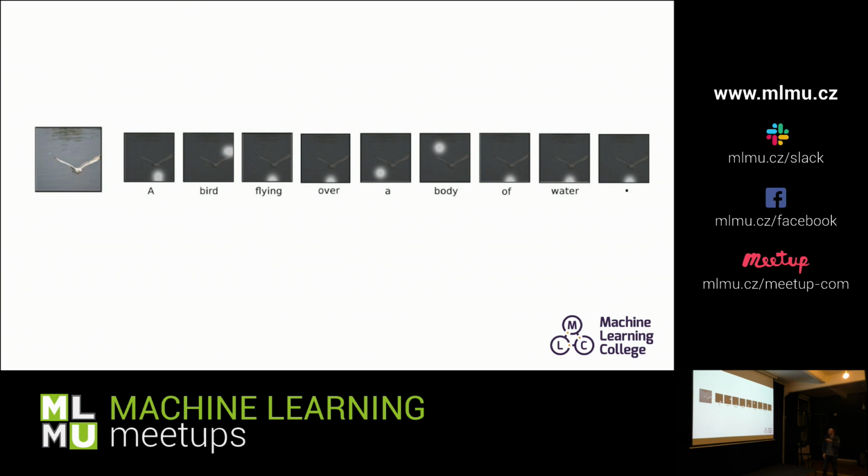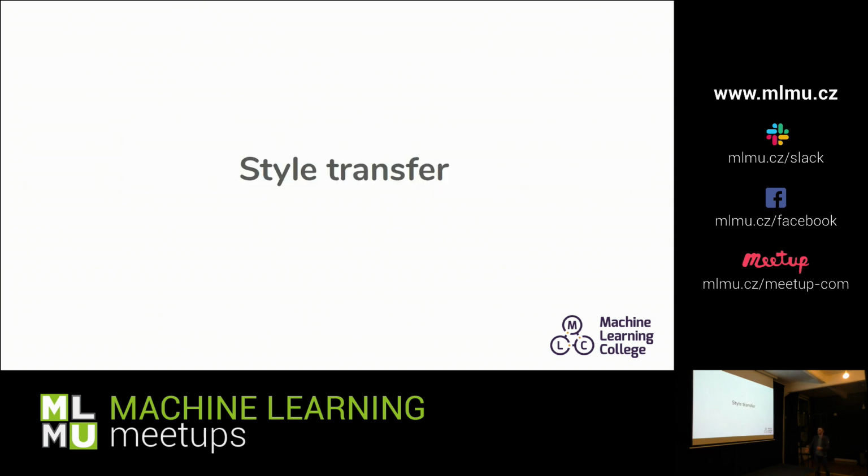When the model is talking about the water, it focuses on the part of the image where the water is, and when it talks about the bird, I believe it sometimes points to the bird. It's nice because when you have some false positives or a poorly working model, you can look at what causes the confusion through the attention, and say, okay, this is understandable because the model is confused because of something.